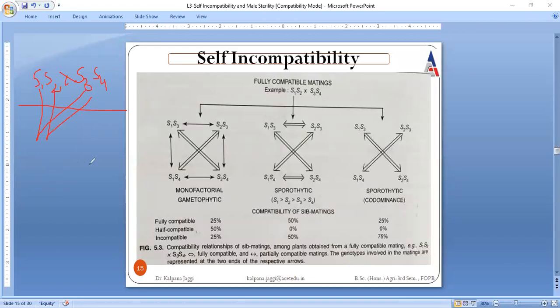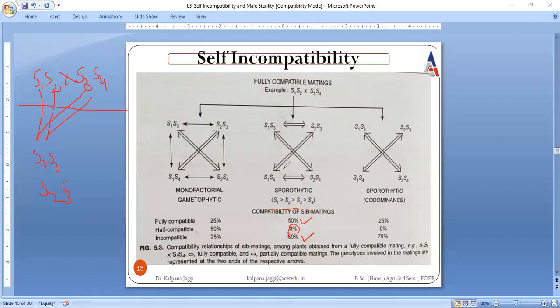That means the first mating, the same as in the first case we discussed, is taking place. Now we will talk about this one. S1 is crossing with S4 and again S2 is crossing with S4. Here S1 is greater than S2 is greater than S3 is greater than S4. Here the compatibility of mating is fully compatible, 50% are being synthesized and incompatible 50%. There is no half incompatibility product that is taking place, right?